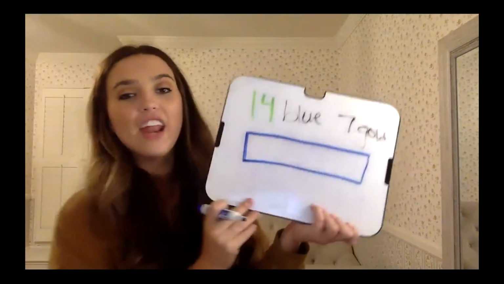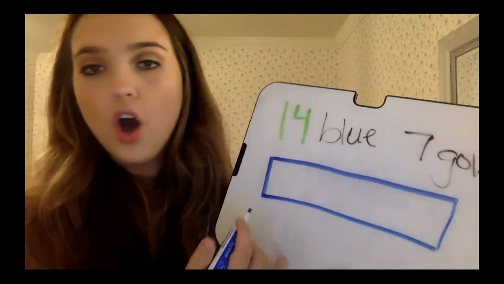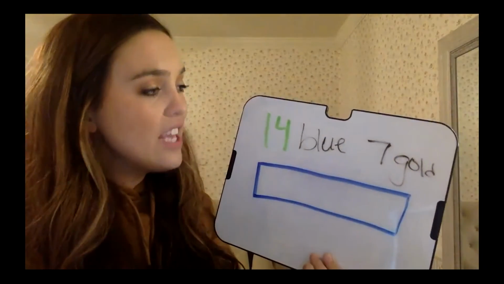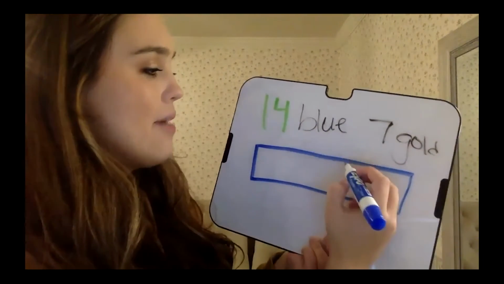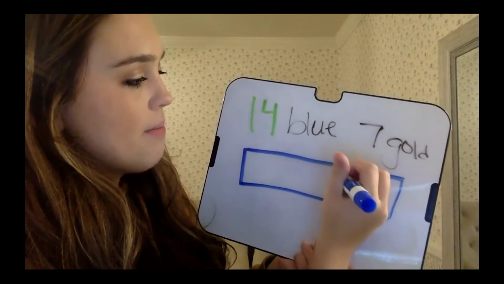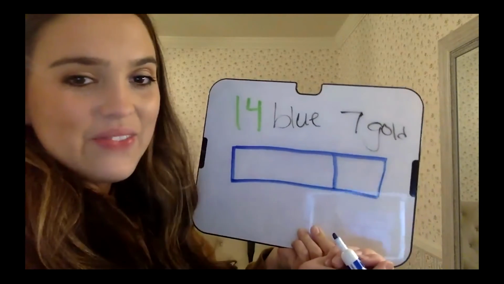So now that I have this nice big rectangle, we can look at it and we can say, all right, we have the numbers 14 and 7. Well, we know that 14 is larger than 7, so I am going to make a mark on here that is about 2/3 of the way. And there we go.